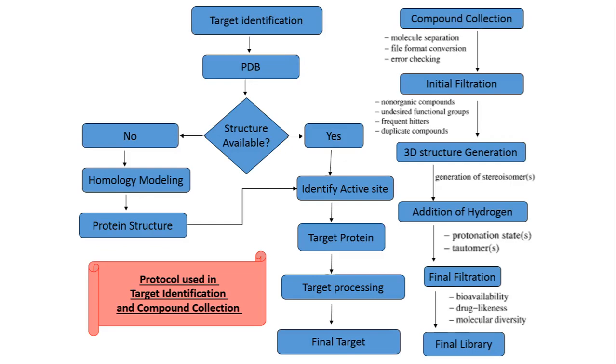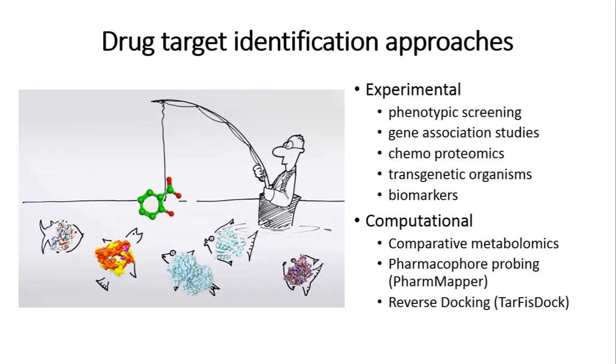Now, let us try to identify the process by which drug targets are identified. How do we end up deciding what proteins from a pathogen can be used as an effective drug target? There are two methods by which one can identify the drug target.